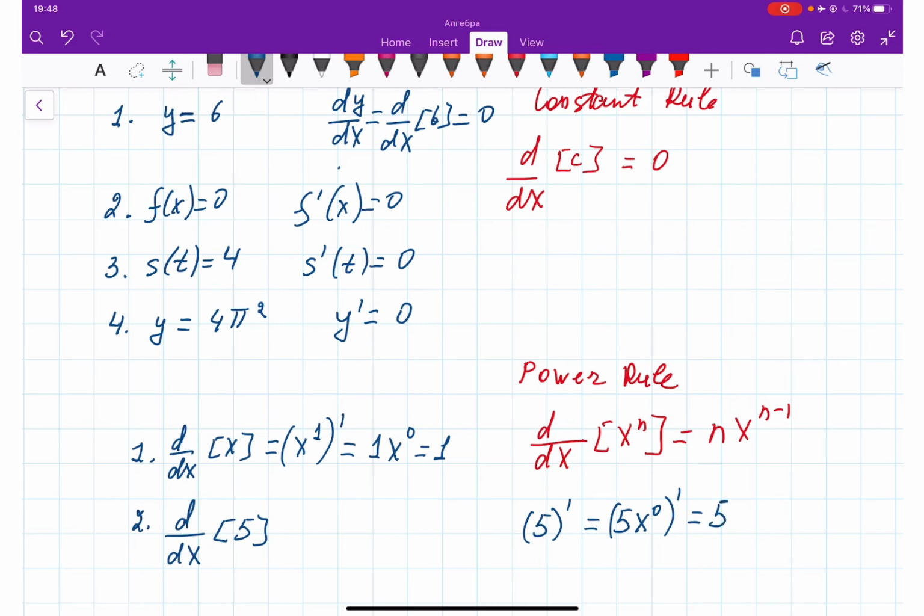The constant stays the way it is, so it's going to be 5. And x to power 0, derivative for x to power 0, 0 comes in front. And the exponent will be less 1, 0 minus 1, going to be negative 1. So at this point, what do we have? 5 times 0 times x to negative 1. We don't care what is in the surrounding as long as there is 0, that's it. It will wipe down everything to 0. This is why when you have a constant, it's going to be equal 0.